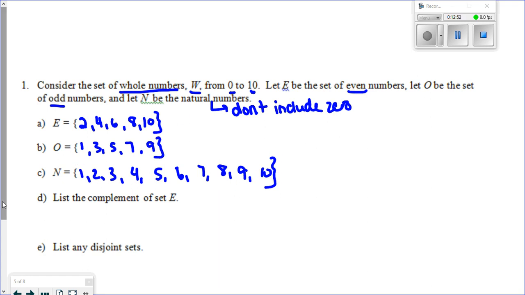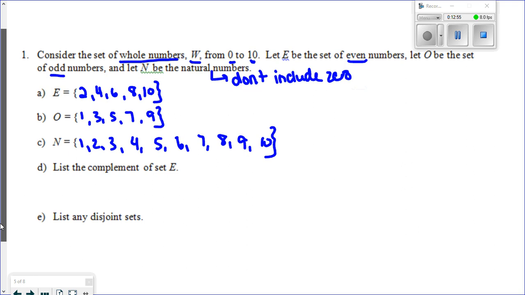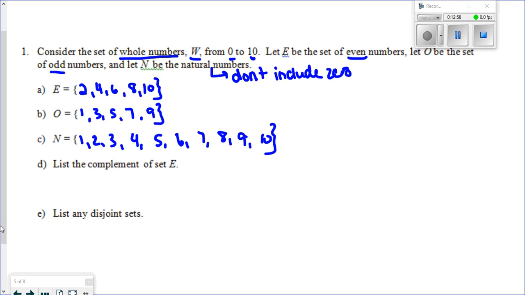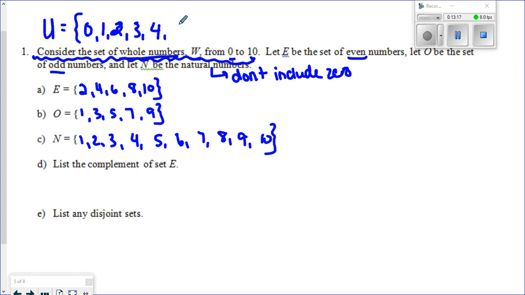The only other thing that it doesn't include is our universal set. Our universal set is whole numbers from 0 to 10, so it would be 0, 1, 2, 3, 4, 5, 6, 7, 8, 9, 10. It doesn't directly ask us that, but it might help us for the next little bit.